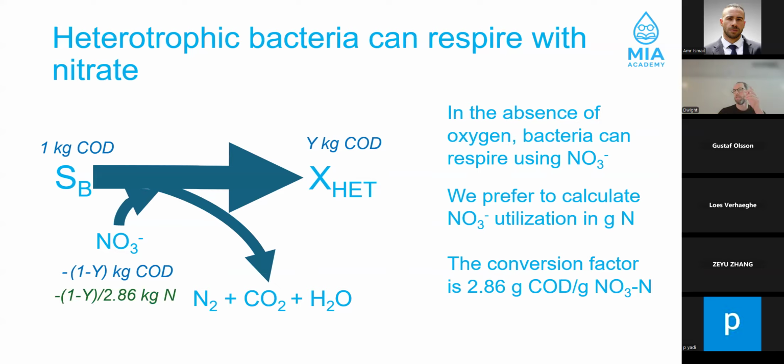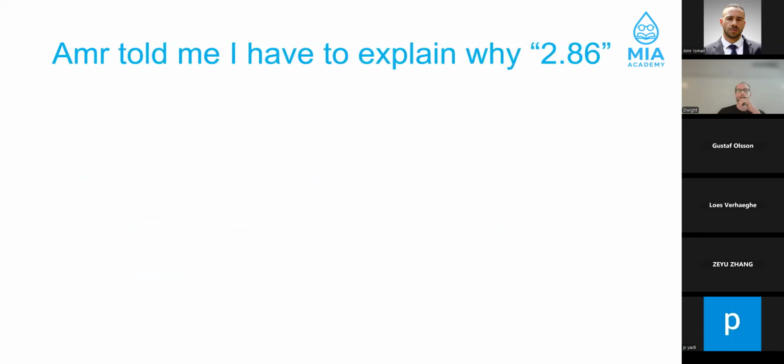And so we can change our calculation over here and say, well, I'm not interested in knowing how many kilograms of COD nitrate I utilize, but rather I want to know how many kilograms of nitrogen. And so it's just our 1 minus Y divided by 2.86. So there you have it.